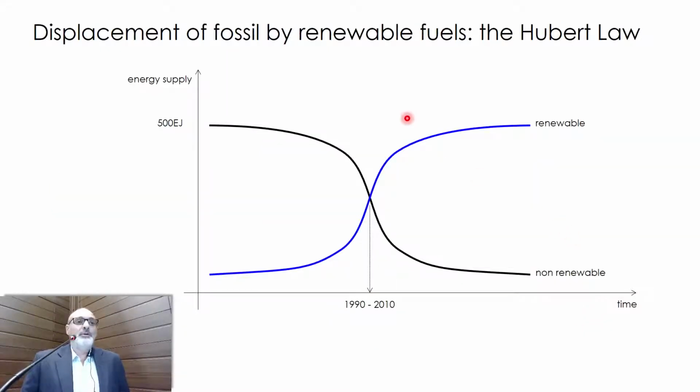So what people thought would happen in this scenario, the transition from a positive carbon to a neutral, and eventually to a negative carbon footprint, that's known as the Hubbard law. So the idea was that, 500 exajoules, exa is 10 to the 18, okay? It's the average world energy consumption.